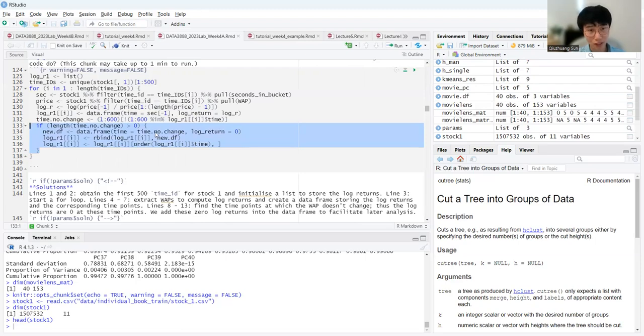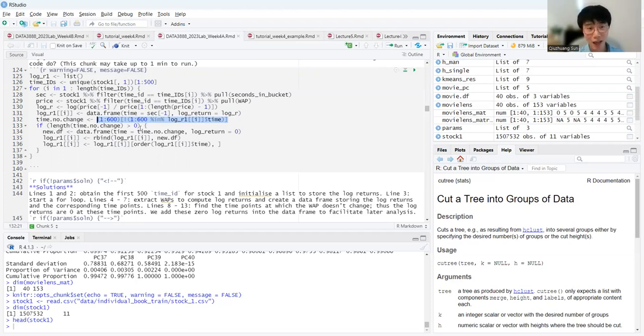It first checks, from the first second to the 600th second, which one is not in the time. If it is not in the time, it means that at the corresponding time, say the second 2, there's no trading.